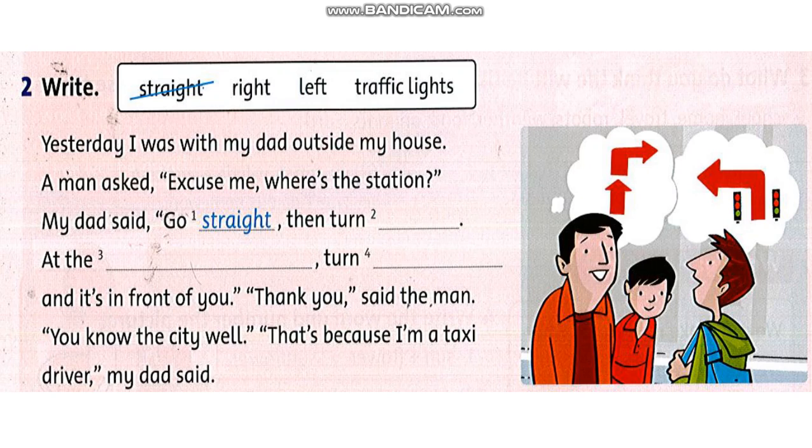Now, exercise number 2. You write straight, right, left, and traffic lights. So, look at number 1. For example, go straight. Is it correct? Yes. It's done.